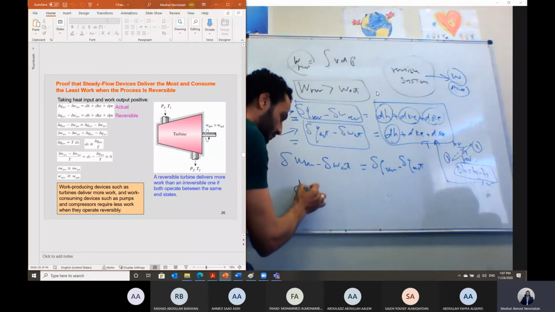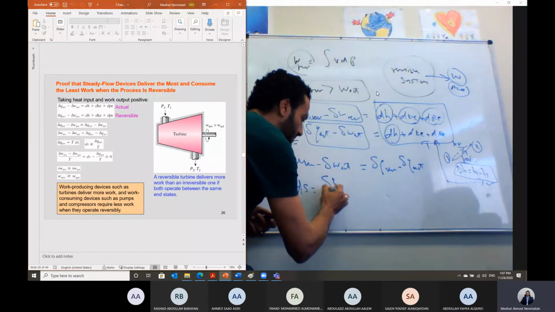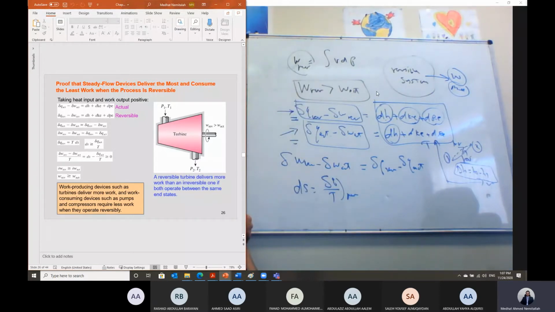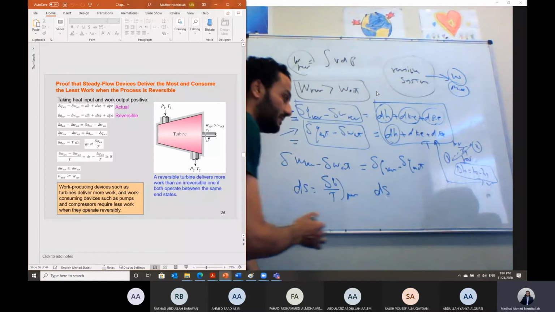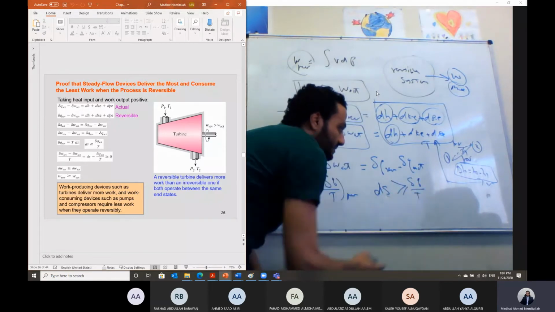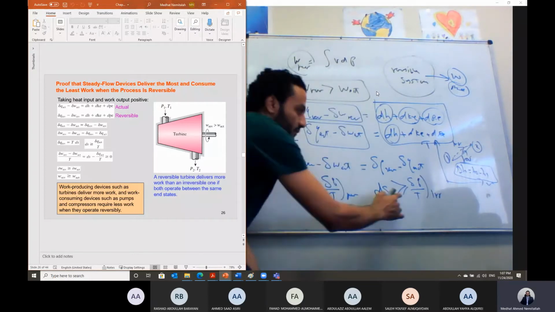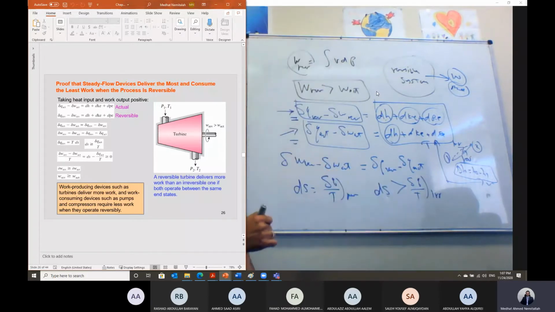But by definition of the entropy, if you remember, delta S is equal to delta Q over T for the reversible process, by the condition that this process is reversible. And in case of an irreversible process, delta S will be greater than or equal to delta Q over T. It is equal in the case of reversible, but in the case of irreversible, it should be greater than delta Q over T. Why?